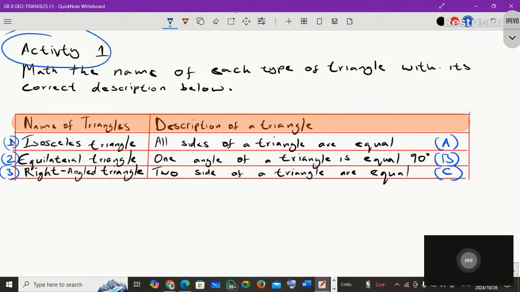Here in activity 1, they are saying match. So surely this was supposed to be match, but I wrote it wrong. Sorry, a mistake. I hope you will forgive me for that.